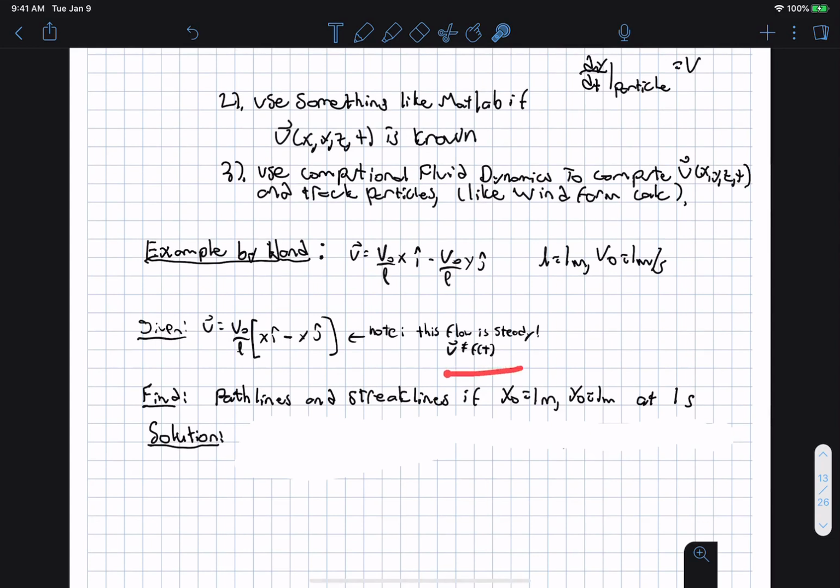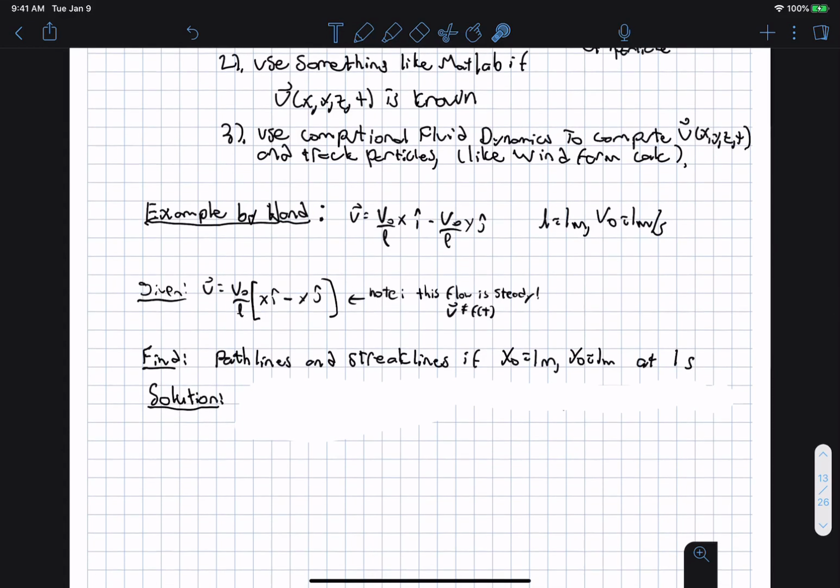Again, this is the homework format I want you to follow: just write the given, find, and the solution procedure. Here we are to find the pathlines and streaklines. And note, it's steady, so the streamlines, pathlines, and streaklines are all the same.